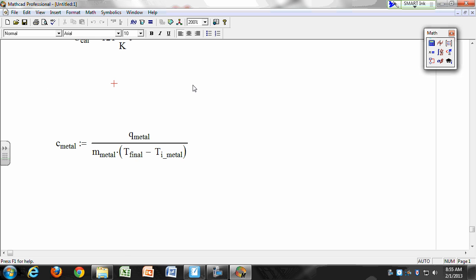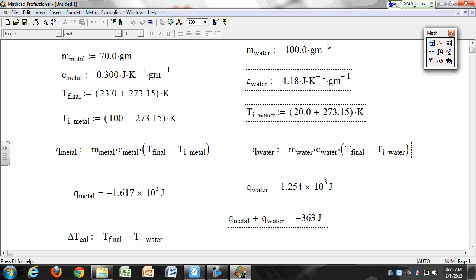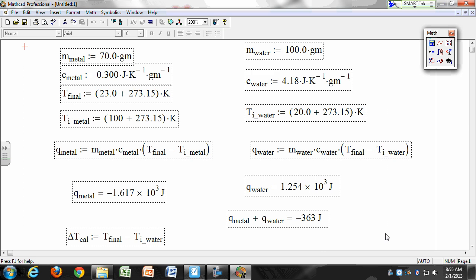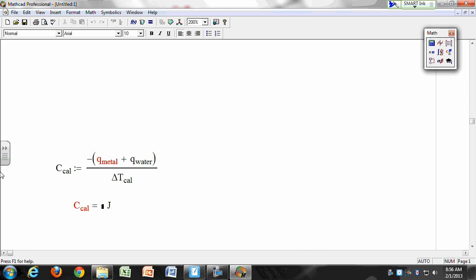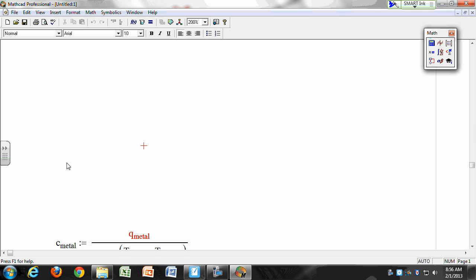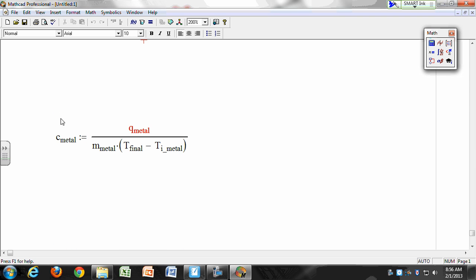Let me just delete all these previous ones so we don't get messed up. Okay, so I know I have to calculate Q metal. What is Q metal?